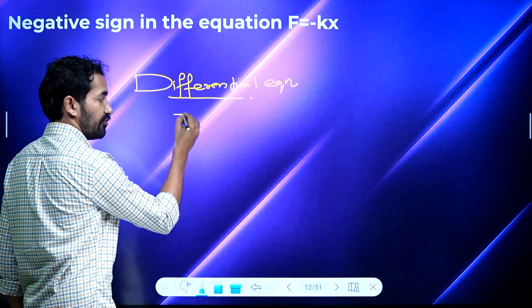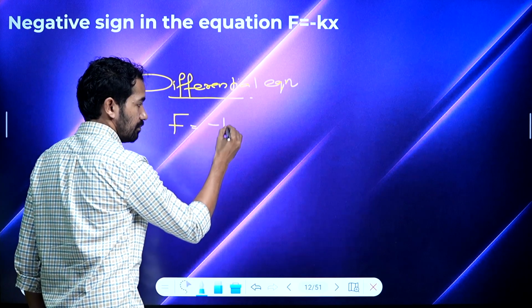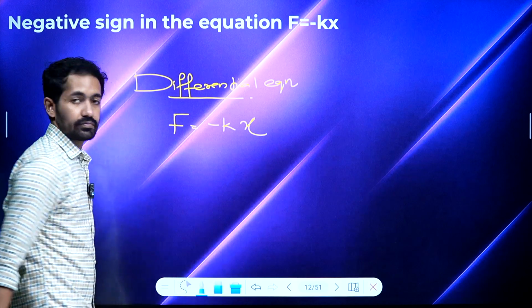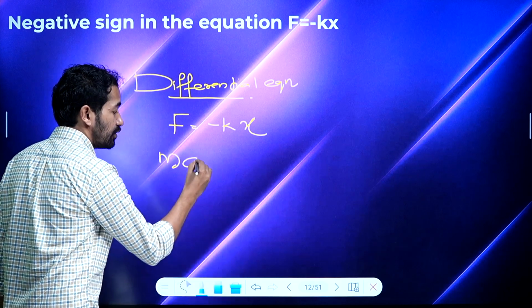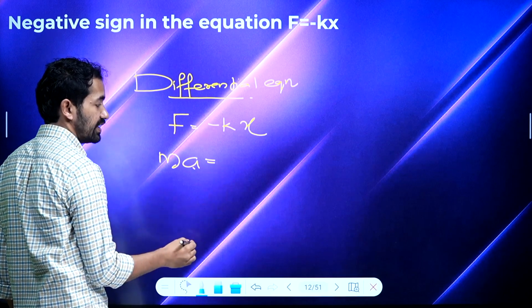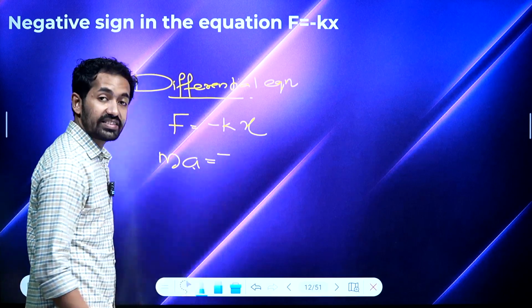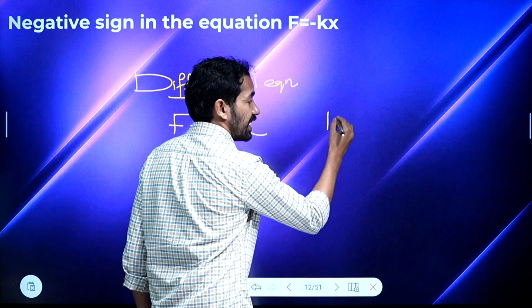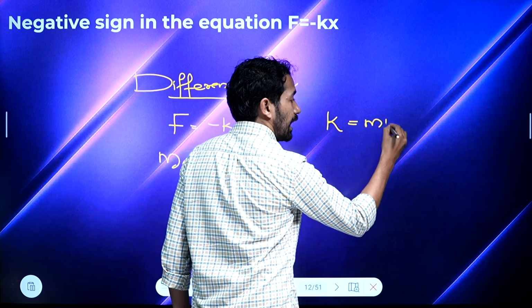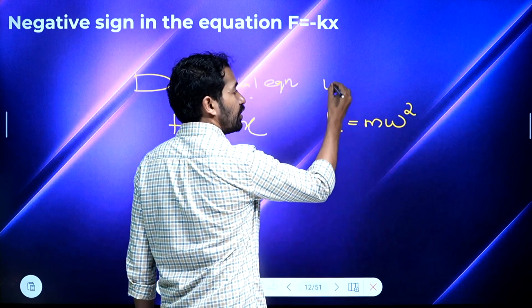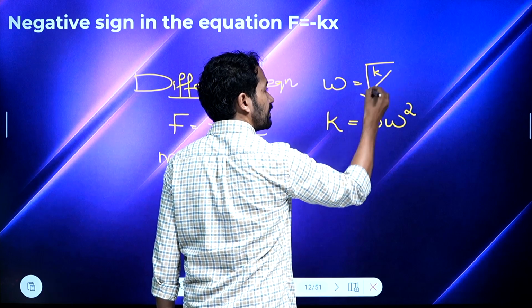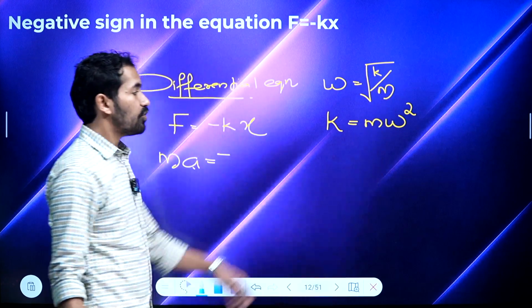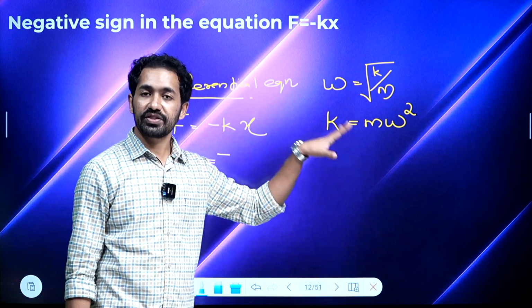You know that F is equal to minus kx. But what is F? F is equal to ma. Force is equal to mass into acceleration is equal to minus. What is k? K is a constant, and k is equal to m omega square. How did it come? Omega is equal to root of k by m, or k is equal to m omega square, which is a constant.